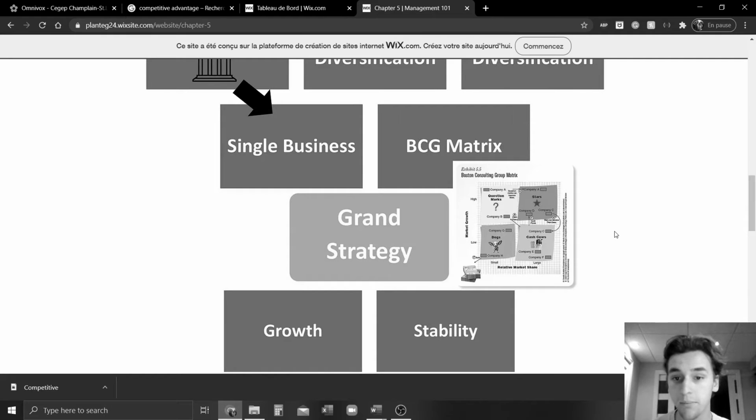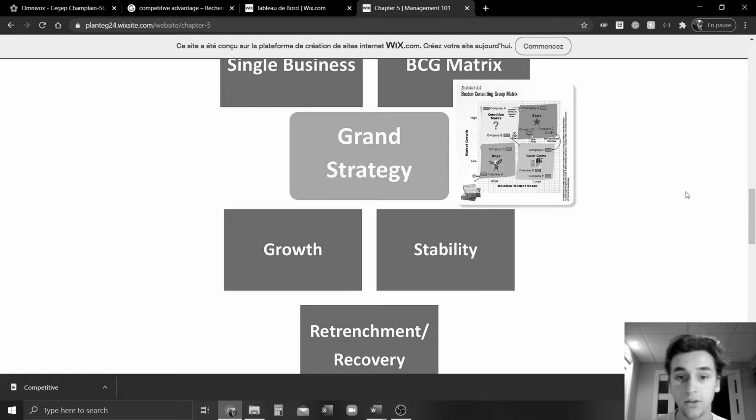I won't go in depth, but it is a way to categorize the different companies in 4 different categories. Next, there's grand strategy. So grand strategy is either you opt for growth or stability, and you can also opt for retrenchment or recovery.